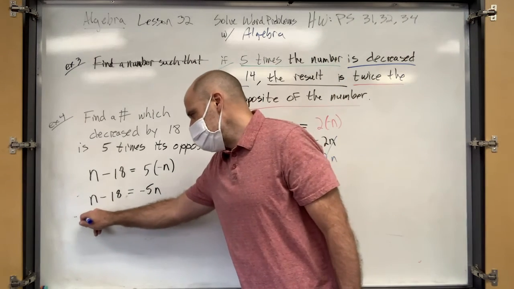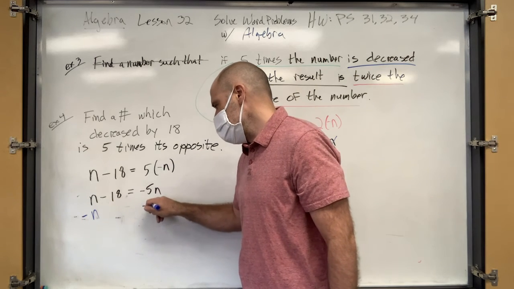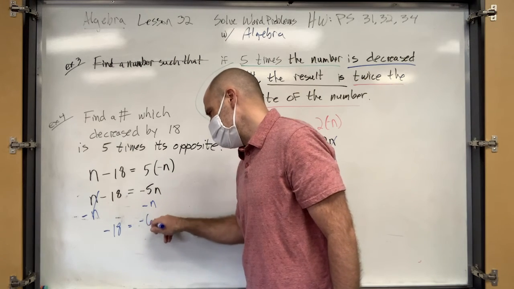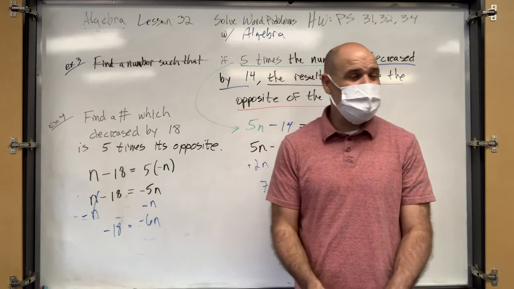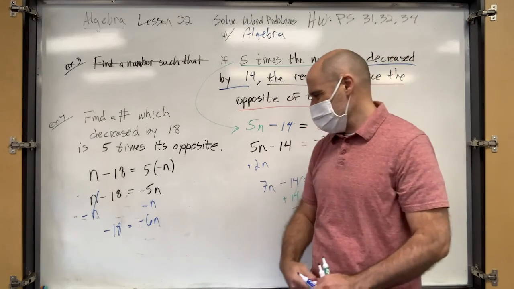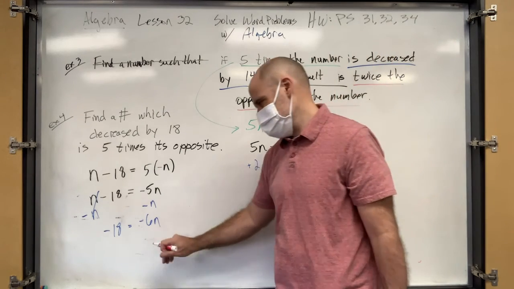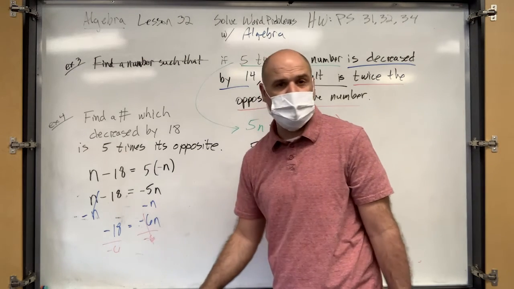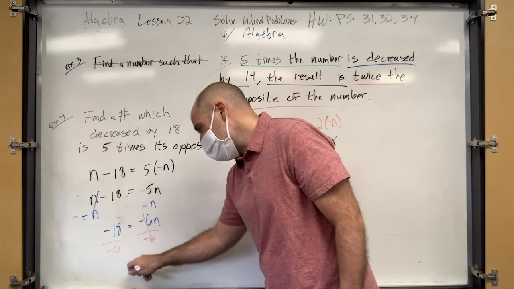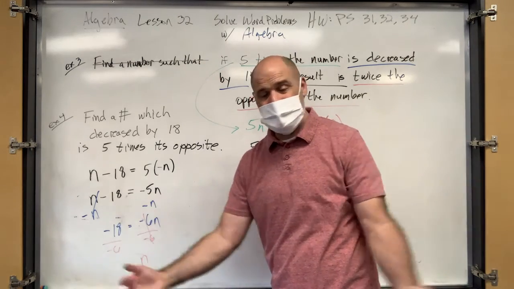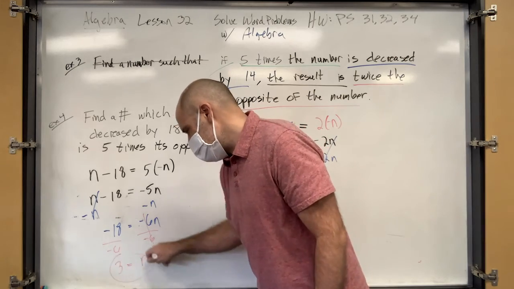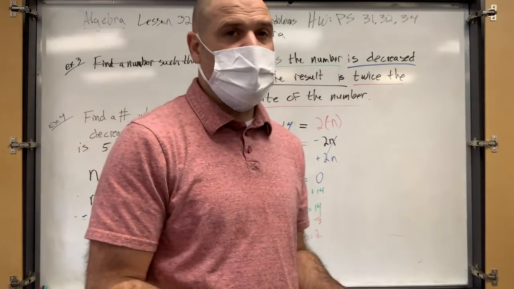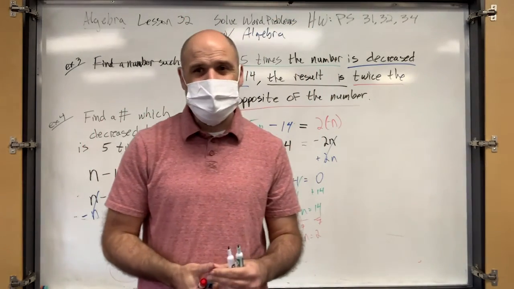The only reason I'm doing this is just to show you why, yes, it's one less step, but it's a little bit more confusing because of the negatives. So how do you get rid of that negative 6? Divide by negative 6. You just have to keep track of your positive and negative rules. And I know you guys know the rules. Negative divided by negative is a positive. But when you're taking a test, remember you're dumber when you take a test. And it's just one less thing to worry about.